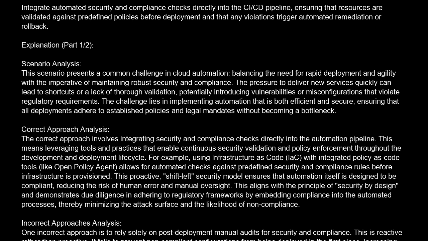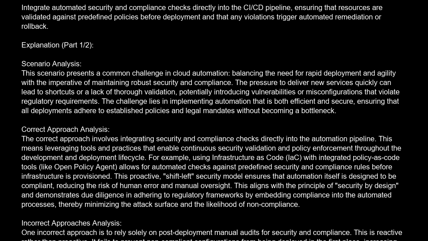This proactive, shift-left security model ensures that automation itself is designed to be compliant, reducing the risk of human error and manual oversight. This aligns with the principle of security by design and demonstrates due diligence in adhering to regulatory frameworks by embedding compliance into the automated processes, thereby minimizing the attack surface and the likelihood of non-compliance.